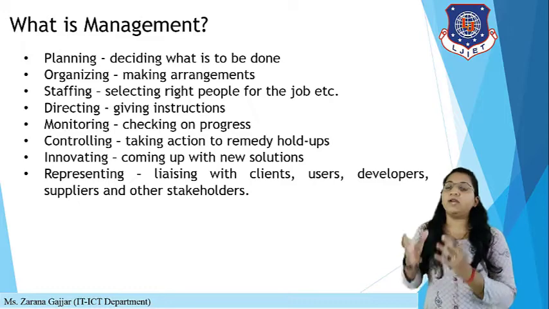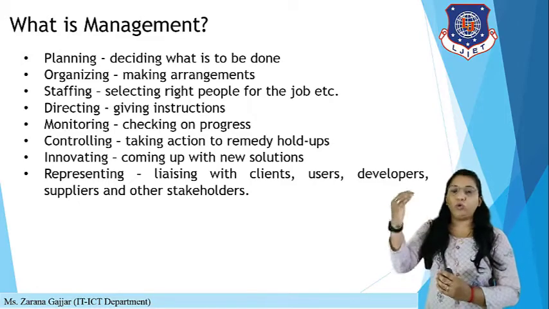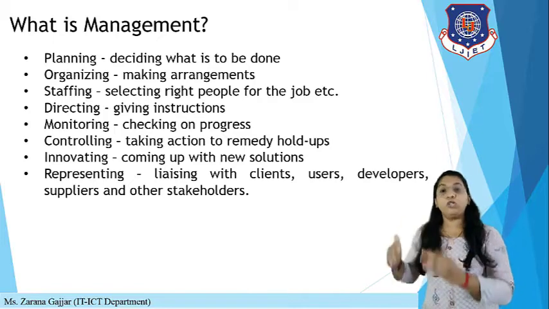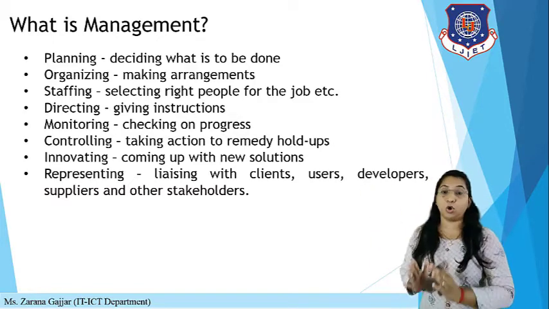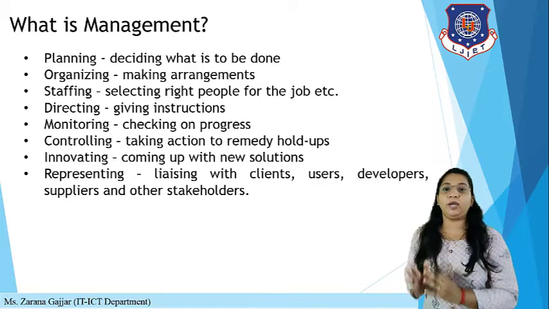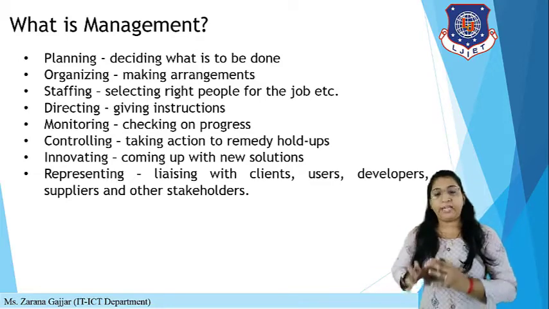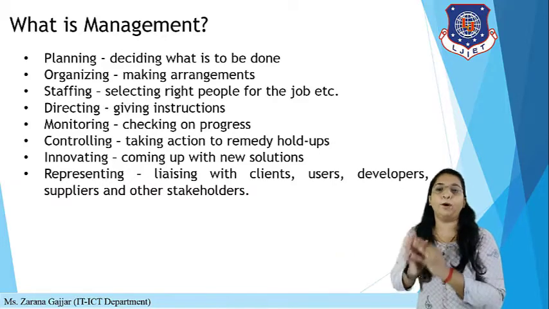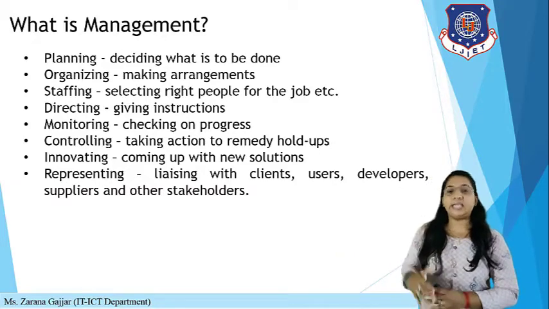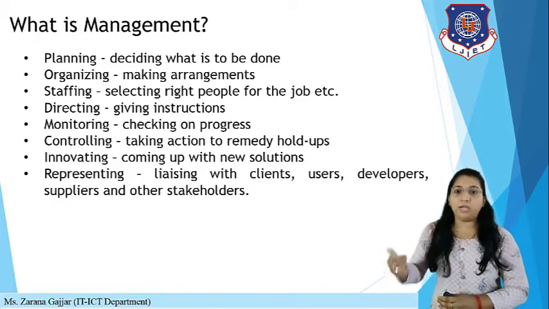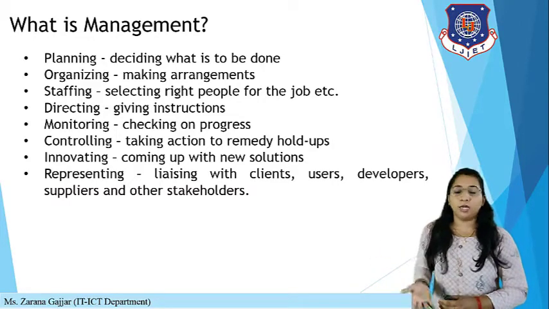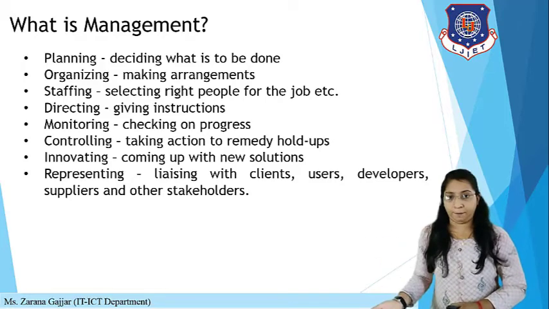If the customer gives you a deadline, you have to divide that time span into a number of activities and manage all of them. Basically, management is defining that all the activities are done in a proper planned way. Management includes planning, organizing, staffing, directing, monitoring, controlling, innovating and representing.